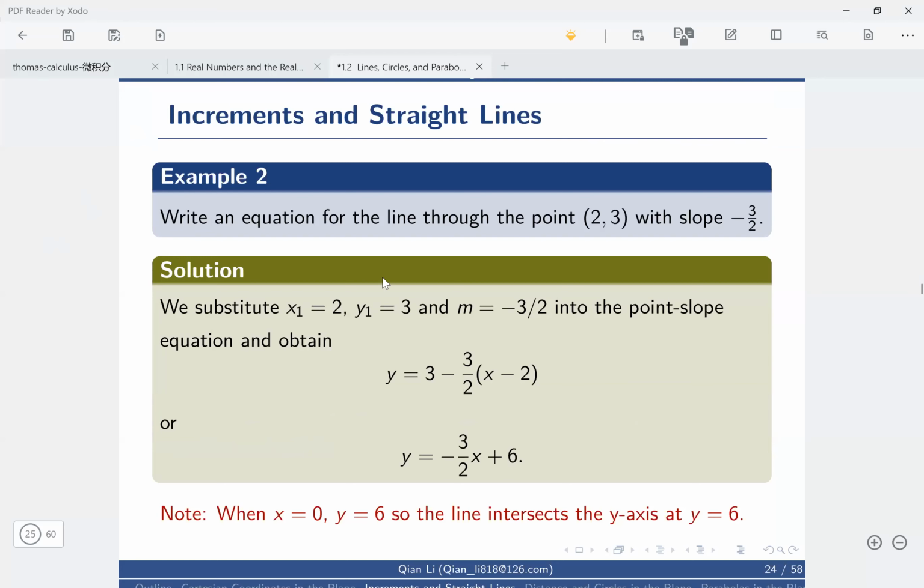Write the equation of this line. Okay, let's see. What is the equation of this line?